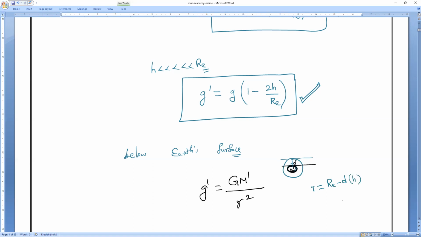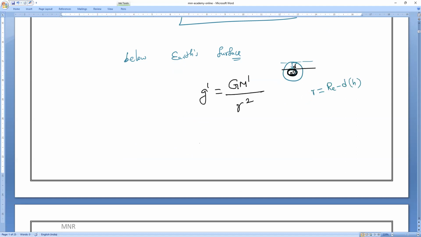The depth you can consider as h also; nothing wrong in that, your choice. So finally we got it: g dash is equal to, please respond, G times the mass of the earth times R divided by the cube of the radius of the earth.